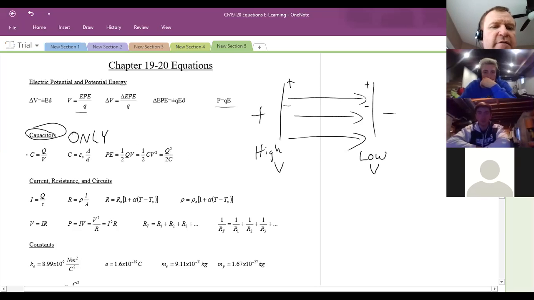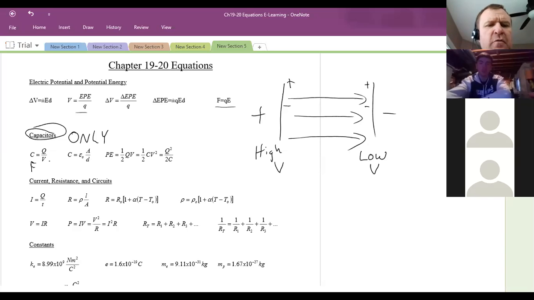So the first equation, C equals Q over V, that's the basic capacitance equation. If you remember capacitance, the units are farads. And then you've got charge per volt, so coulombs per volt. So 1 farad is 1 coulomb per volt. A specific capacitor, we talked about those in class, the parallel plates.